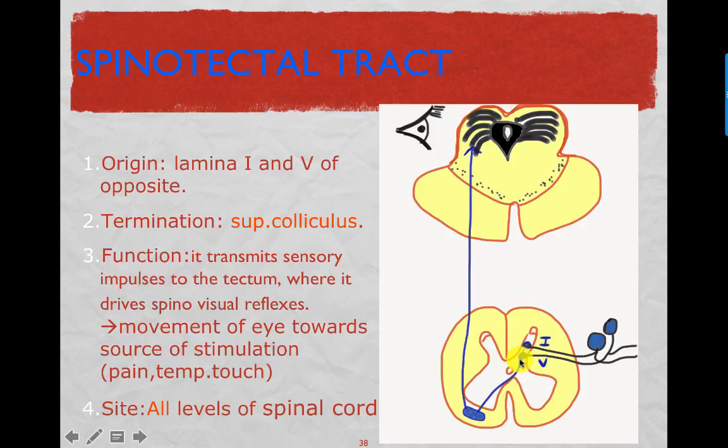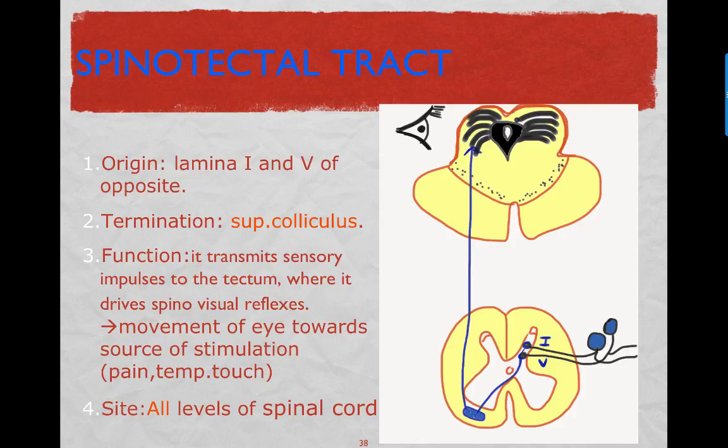Lamina 5 is present in the three pathways: the ventral spinocerebellar, the spino-olivary, and the spinotectal. These fibers pass in all the levels of the spinal cord, but cross to the other side to form the spinotectal.